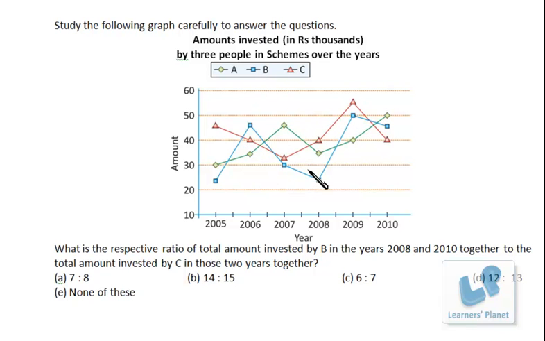So in 8 it is 25 plus in 10 it is 45, divided by C, that is 40 plus 40, 80. So 25 plus 45 is 70. I'm sorry, 70 by 80, that is 7:8. Okay.